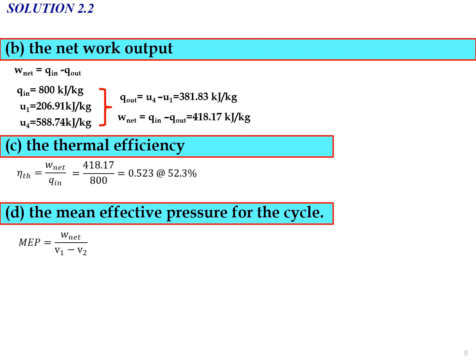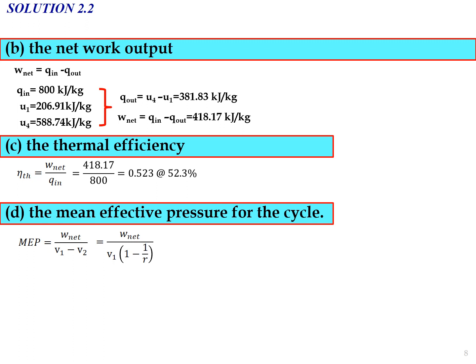So by using the compression ratio equation, we can replace the V2 term with a certain expression, and we rearrange the equation for the compression ratio.